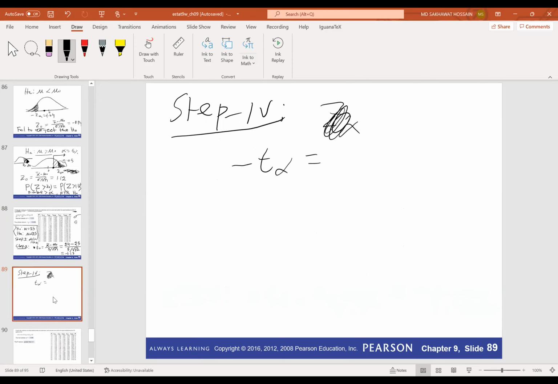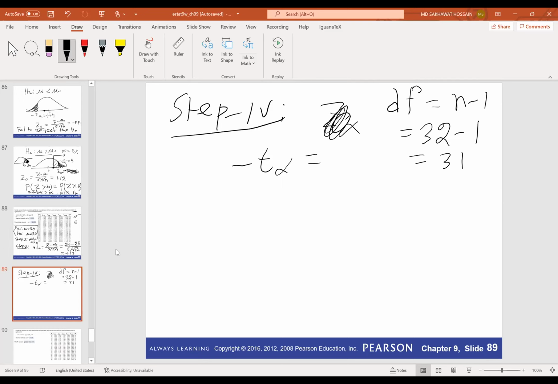Now, one thing you need to remember: to find the T value from the T table, you need to know the degrees of freedom, DF, which is n minus 1. In this case, the sample size is 32, so 32 minus 1, the degrees of freedom is 31.